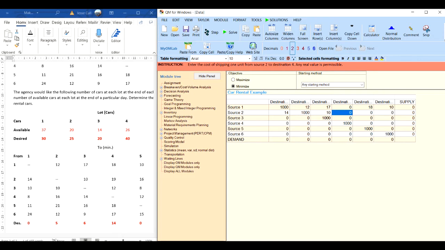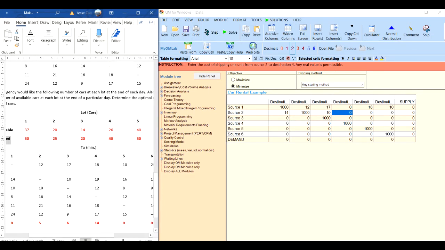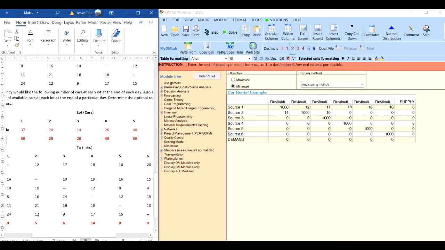Then 12, 17, 18, 10, 20, 14, 10, 19, 16, 15.